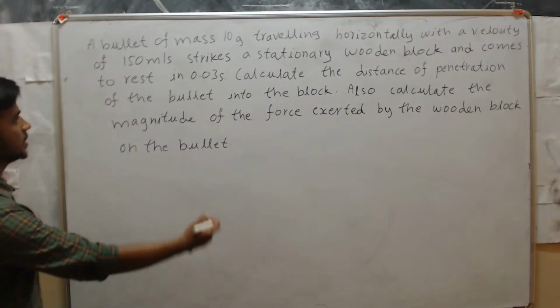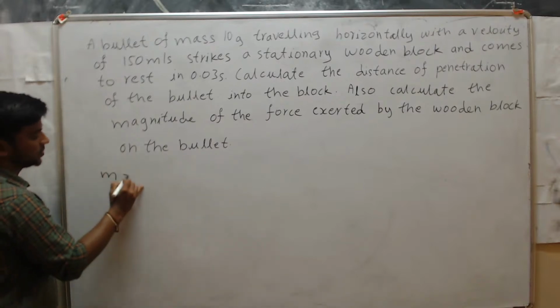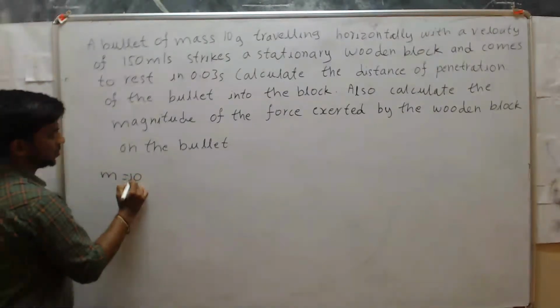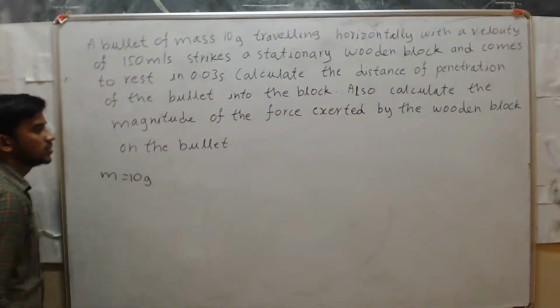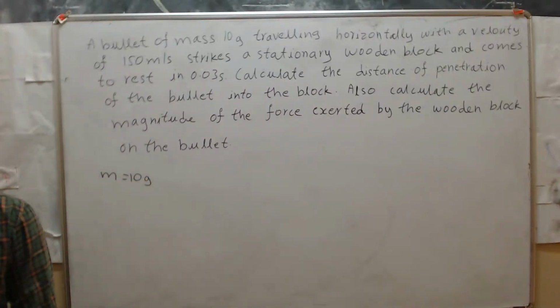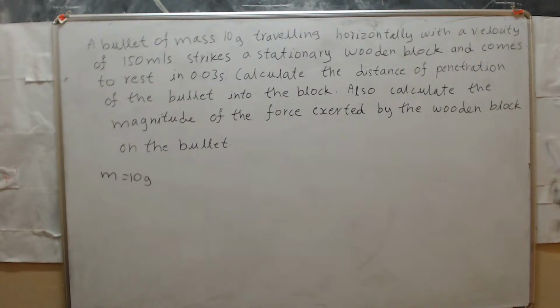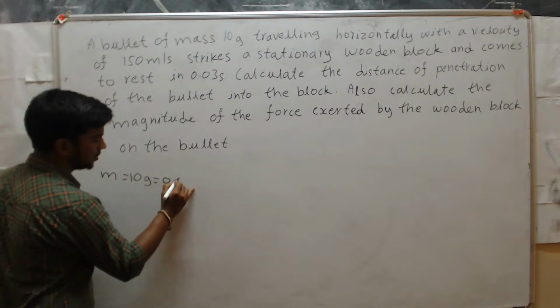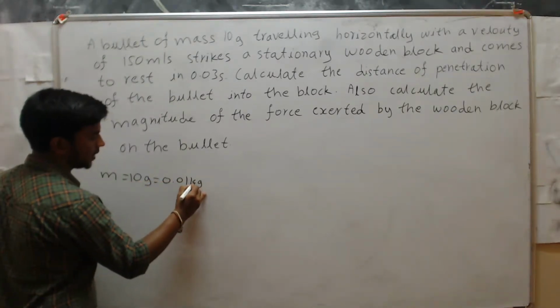Yes, first write the mass of the bullet, that is m equals 10 gram. So convert into kg. How to convert? That is 10 divided by 1000. So that is 0.01 kg.